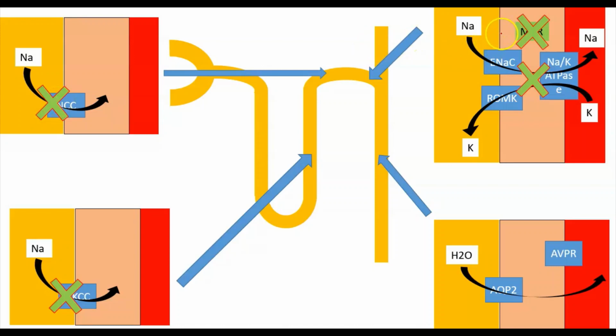And we can use mineralocorticoid receptor antagonists such as spironolactone or eplerenone to block the mineralocorticoid receptor and lead to reduced production of ENaC and ROMK, and therefore lead to reduced sodium reabsorption and also reduced potassium excretion.